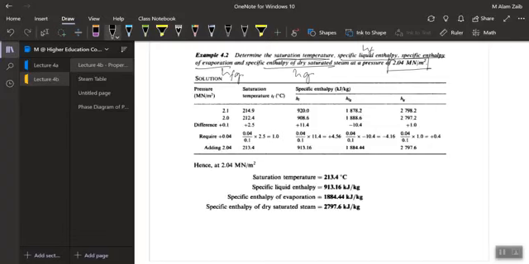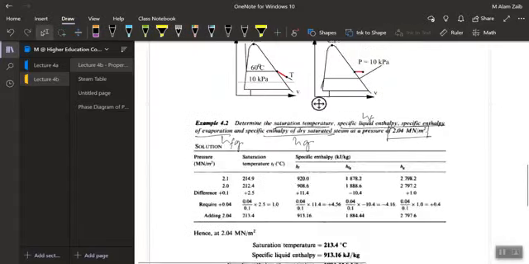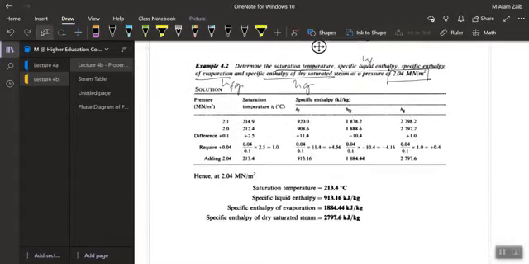Whatever steam table you are looking at, whether it is a compact edition or whatever, the value of 2.04 would definitely not be there. Either you would have a value of 2.0 or a value of 2.1, so it would be very unlikely to have 2.04.